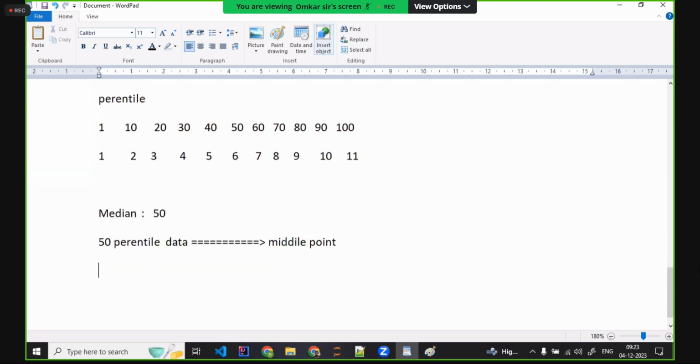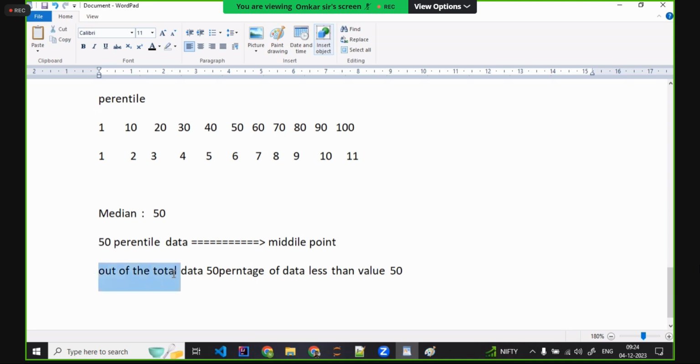Out of the total data, 50 percentage of data has value less than 50. That is the meaning of 50 percentile.